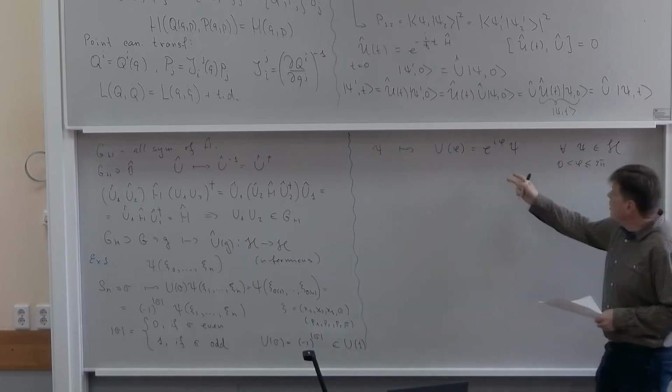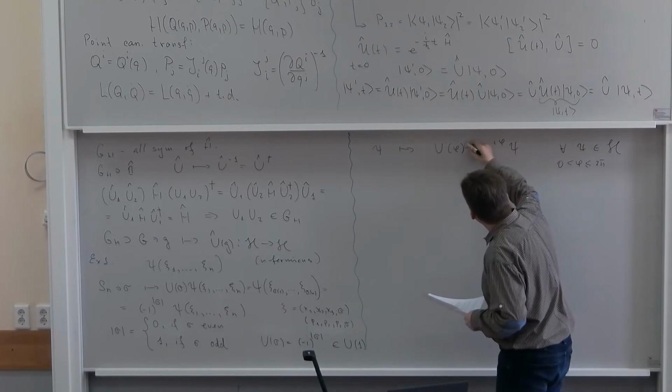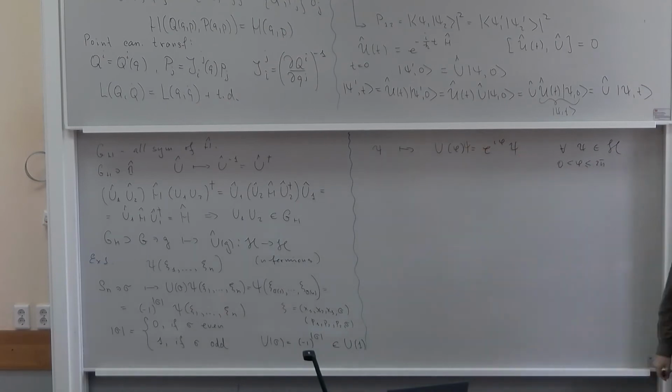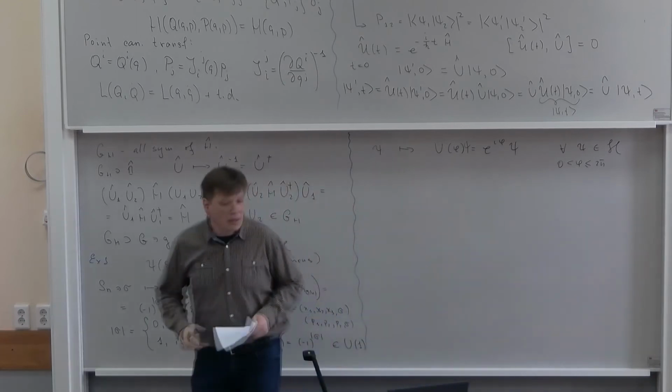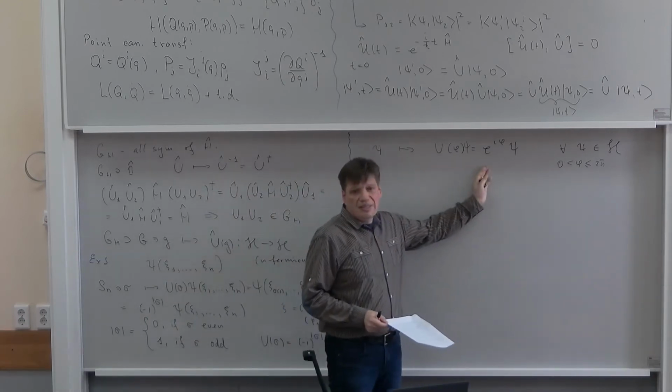Since multiplication by a constant clearly commutes with any operator, this transformation is a symmetry for any Hamiltonian.